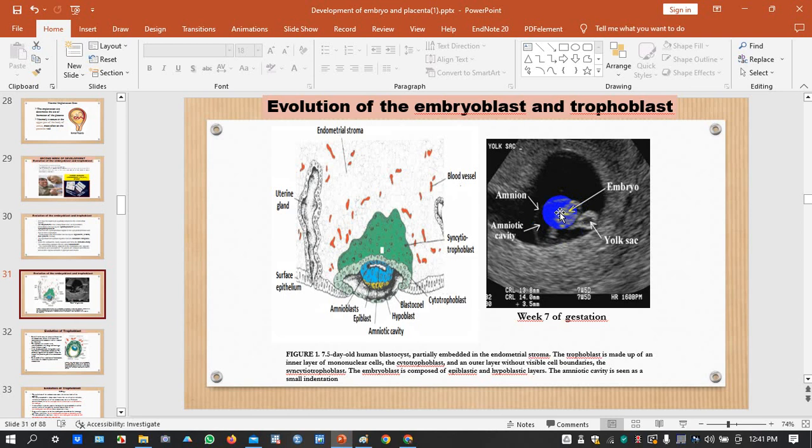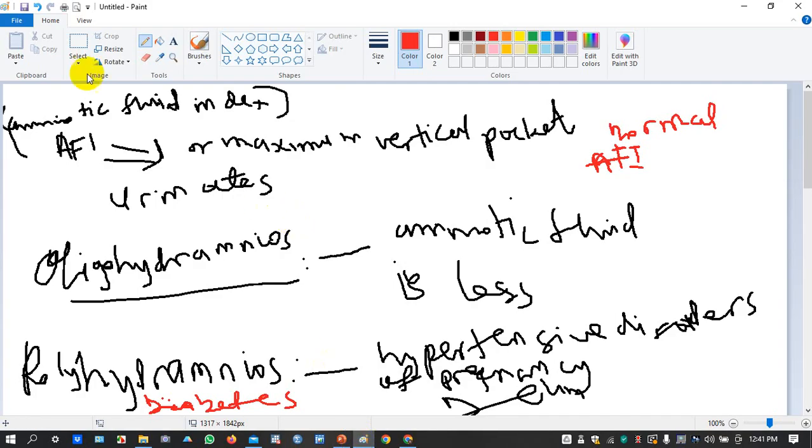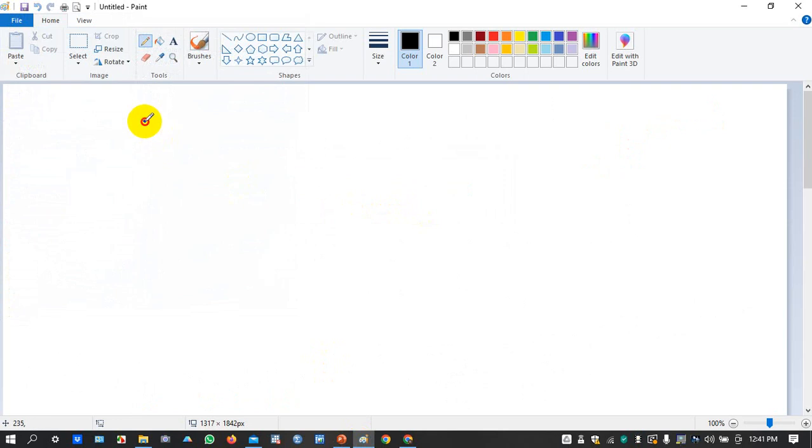And you have to be guided that the first organ that occurs in an embryo is the fetal heart. So whenever you want to see whether your 2 weeks, 3 weeks or 5 weeks pregnancy is alive or not, you just check the fetal heart.